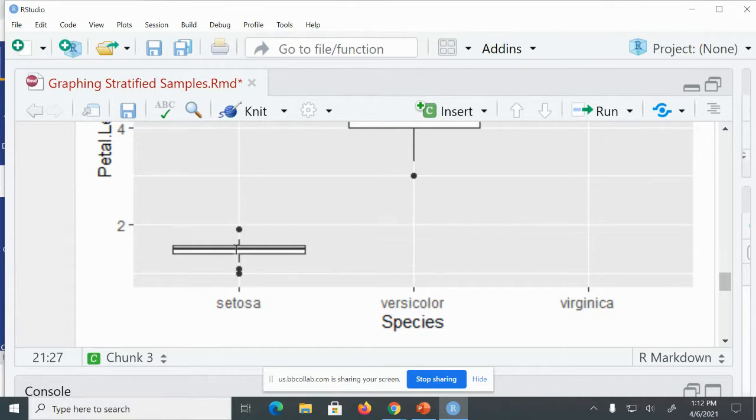So that's, as we saw last time, telling us that stratified sampling is likely to reduce our sampling error, get us narrower confidence intervals. Questions about this?